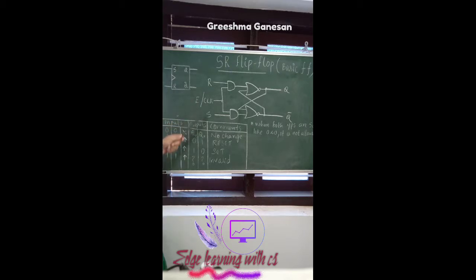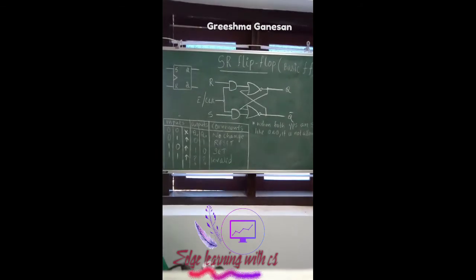Inputs are this portion, and outputs are the Q and Q dash portion. If we pass two zeros, S is 0 and R is 0, this is the starting stage of the circuit, so we don't have any memory element already stored here. Memory is vacant here.